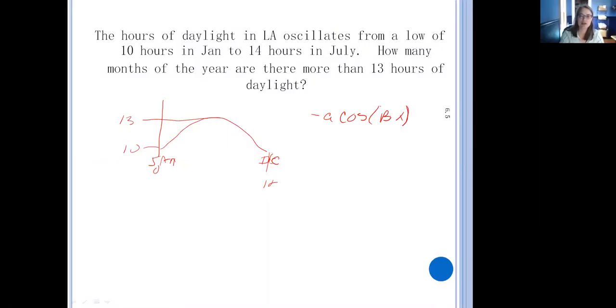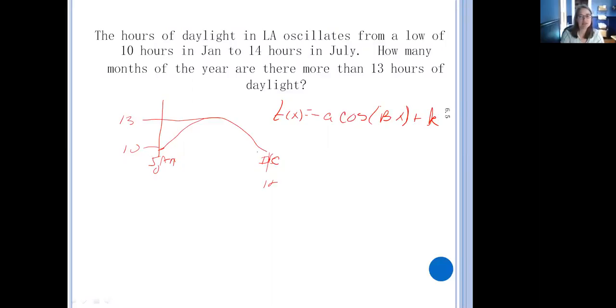So this would be t of x or h of x. How are we going to figure all this out? Oh, and there's probably going to be a vertical shift here. So we'll say plus. We don't need a horizontal shift because our minimum is right here at 0. So if we use an inverted cosine, we don't need to worry about a horizontal shift.